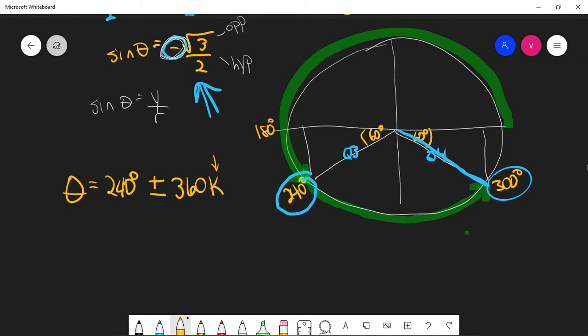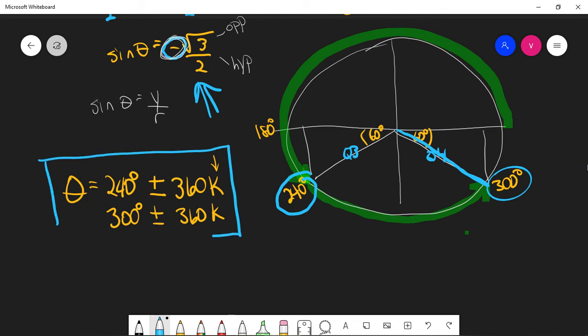Or you have every time you hit the 300-degree mark, plus or minus every forward or backward rotation. That would be your answer for all time.